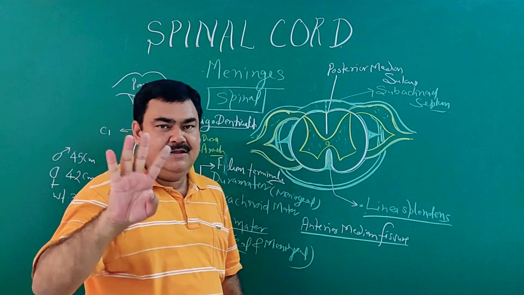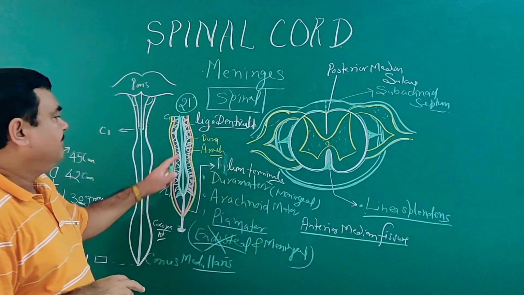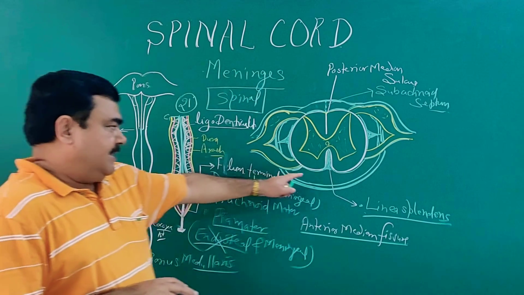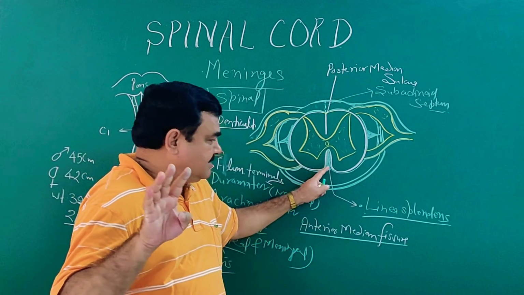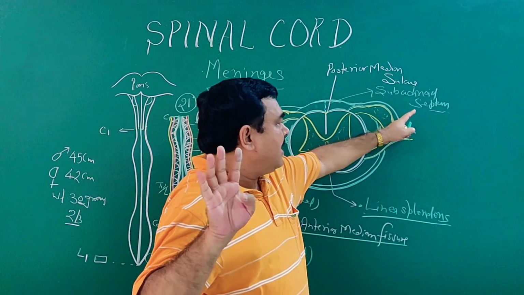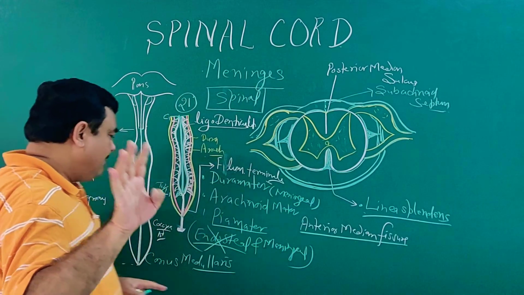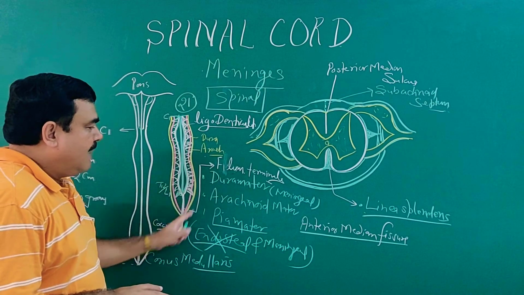So you have seen there are 4 modifications, or 4 processes, formed by the pia mater. Linea splendens is one part. Here is the subarachnoid septum, another part, and another thing here is the filum terminale.